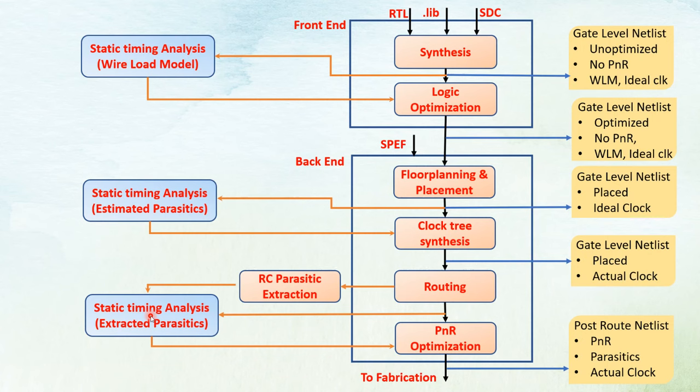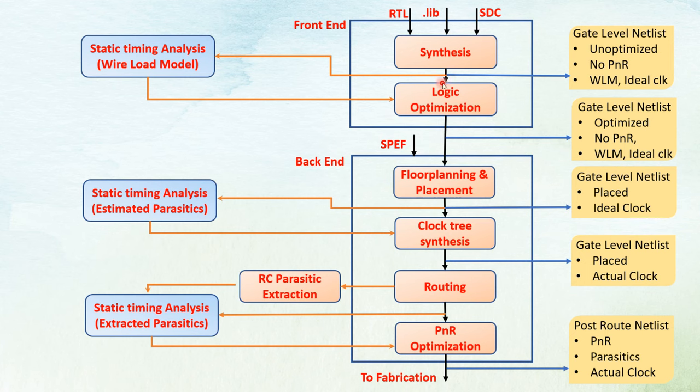The reason it is done after every stage of the backend design flow, and after synthesis also, is so that the design can be checked for any violations. The aim is that whatever timing issues you get, you resolve them at that step only.